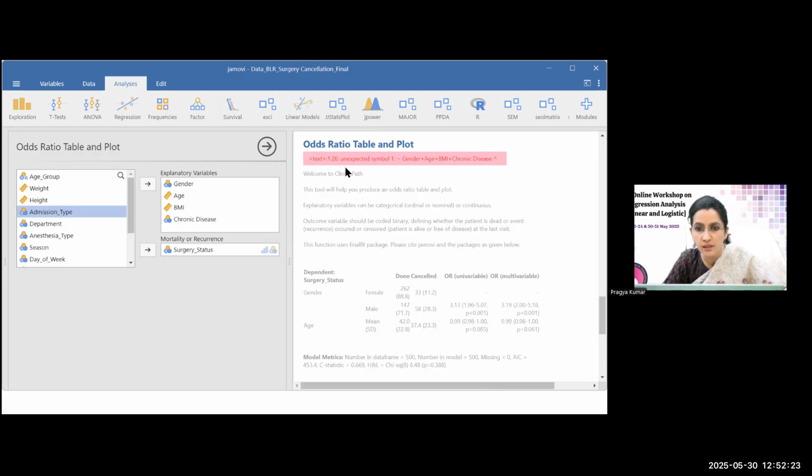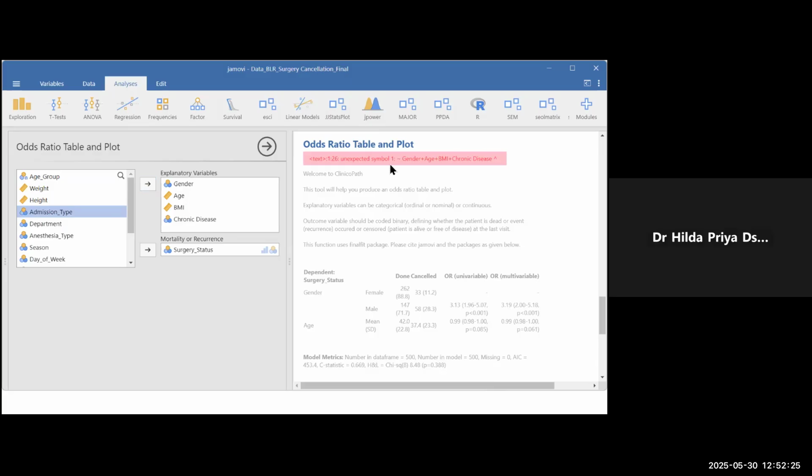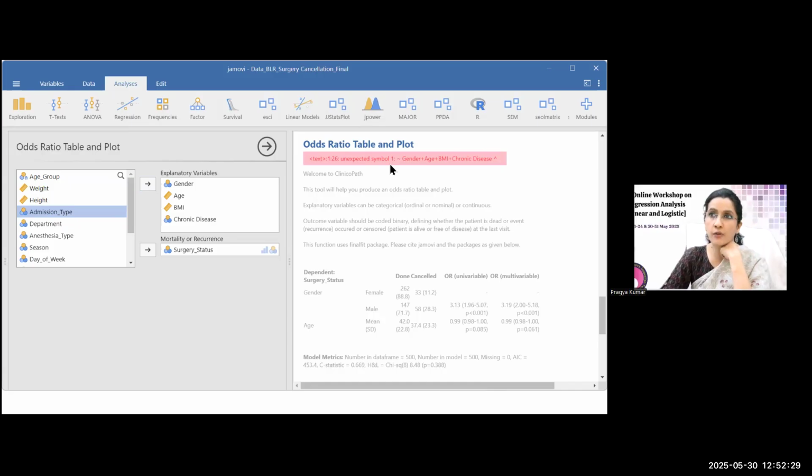Why unadjusted for all, ma'am? Because unadjusted you have to report for all. And then you write that in unadjusted, we only took those variables where the p-value was up to 0.2. And then in adjusted, you put a dash over those p-values which were more than 0.2, and you don't take them. That's why.